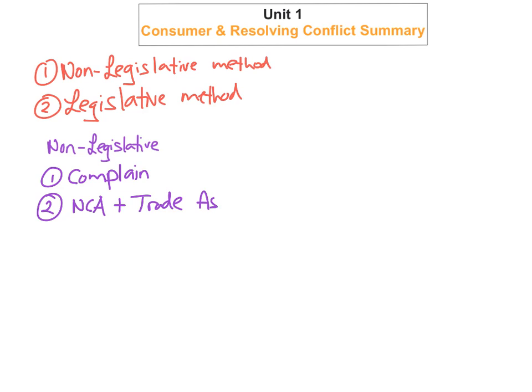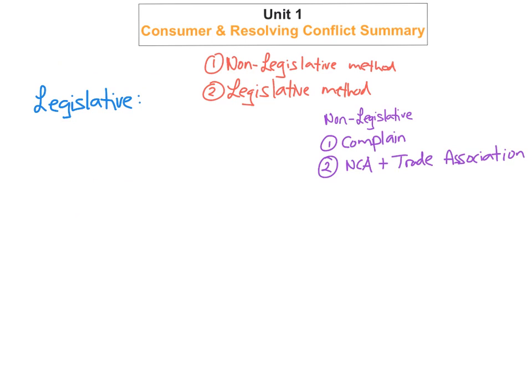And basically these help to fight your corner, and sometimes they will do some mediation with the retailer on your behalf, and then hopefully you can solve it that way without having to take it further and go through a legislative method. So if you can't resolve the dispute with the retailer, you're going to have to take a legislative method. Okay, so there's two different ways you can do it.